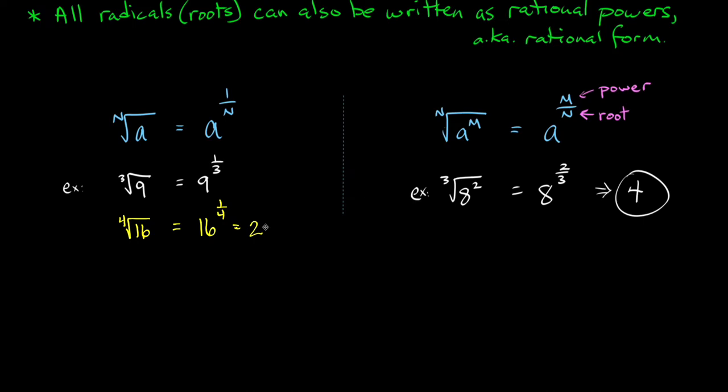If you're going to try this on your calculator, some calculators, the way you type things in, mainly if you type it in like this, I think that's usually the division symbol. If you type it in like that, your calculator is going to give you an answer of 4.